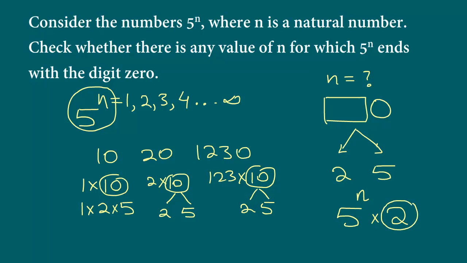And we need to have the factor 2 in order for our number to end with 0. Because the fundamental theorem of arithmetic states that the only way our number can be written is 5 to the power n, and 5 is the only prime factor there, we cannot have 2 as a prime factor, and hence we cannot have 0 at the end. So the answer is no. There is no possible value of n that can make our number end with 0.